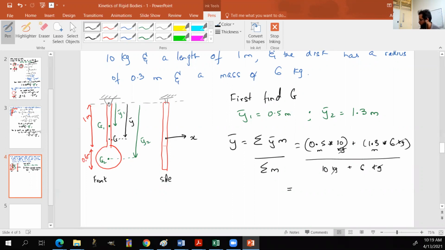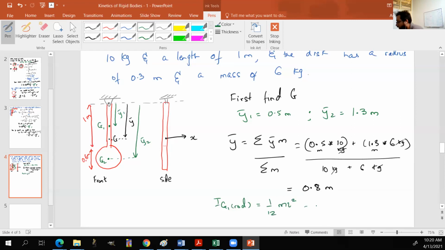0.8 meters. Right. I also have 0.8 meters. All right. So now I can find out what my IG for the rod is. We just derived that. That's just 1 over 12 times ml squared.